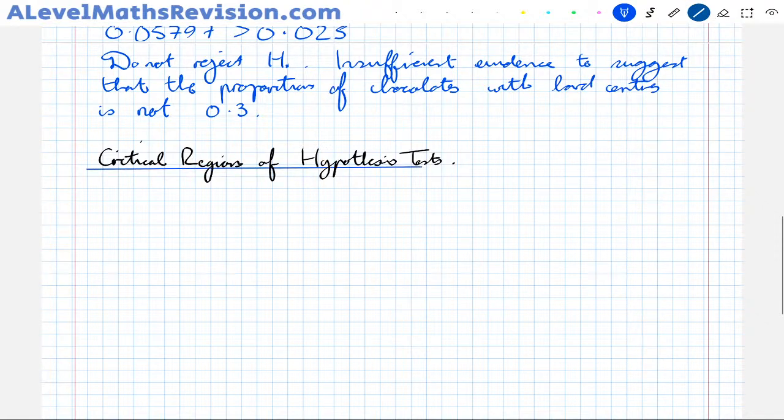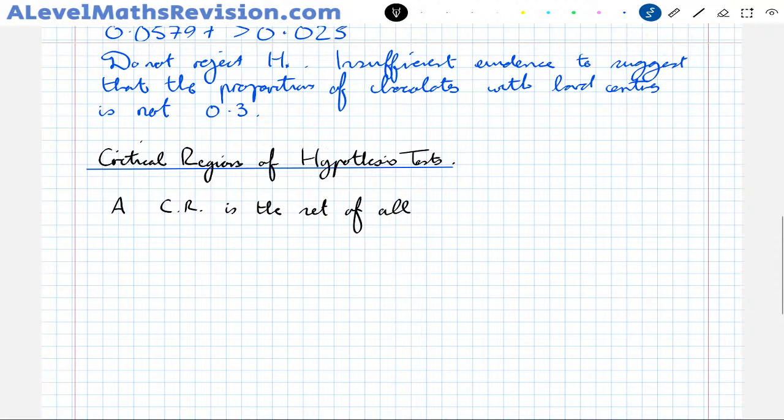And I'll define what it is to be a critical region first of all. So a critical region, abbreviated CR, is the set of all observed values of x that would lead to the null hypothesis being rejected.